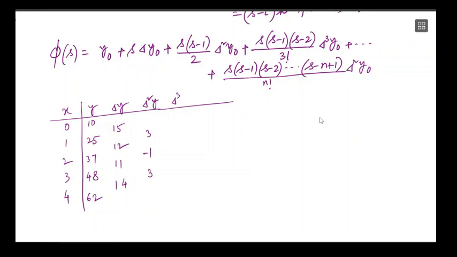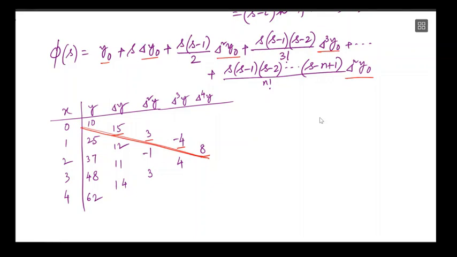Then the third order differences, minus 4, 4, and the fourth order difference will be given by 8. Obviously, these are delta y0, delta 2y0, delta 3y0 and delta 4y0. That is, if we take the elements in the top diagonal, those will be our coefficients.